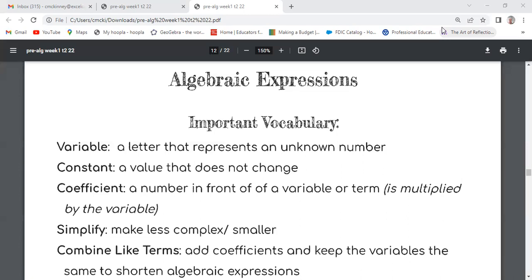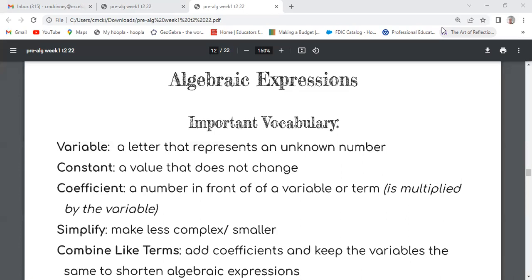And then simplify means make it less complex. And in the case of math, that typically means it's going to be smaller. When we give an answer and it's simplified, it's typically smaller. It's less complex. We're going to pack up everything as much as we can.